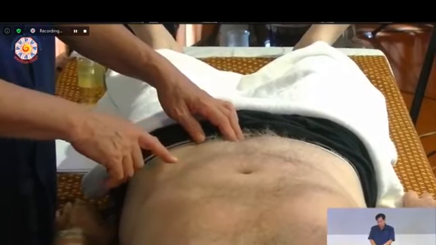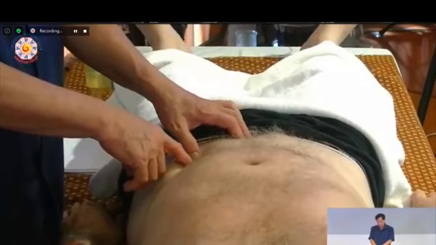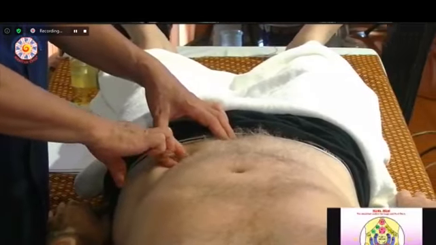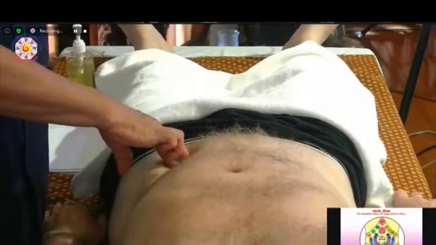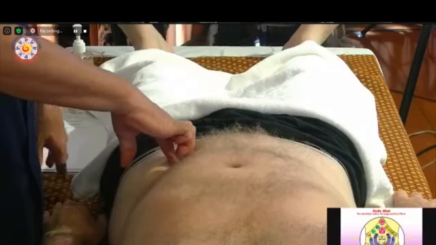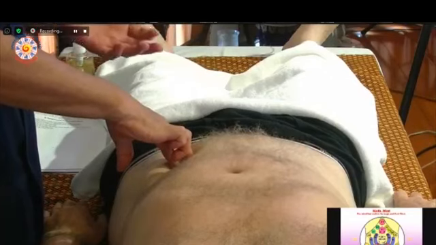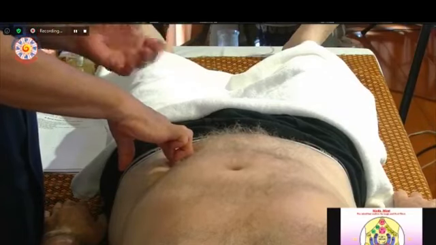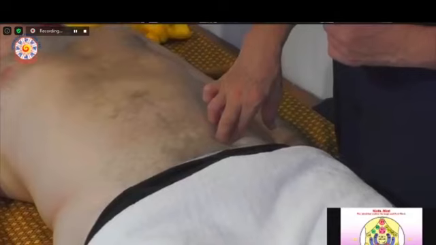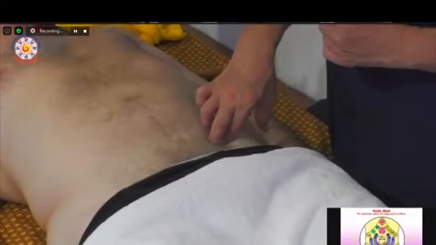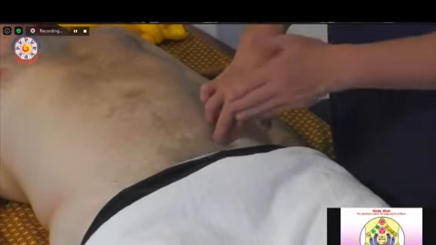So you see here 40, 41. They're just in this area. So you have the inguinal vein and artery, and the nerve. They're all in this area.